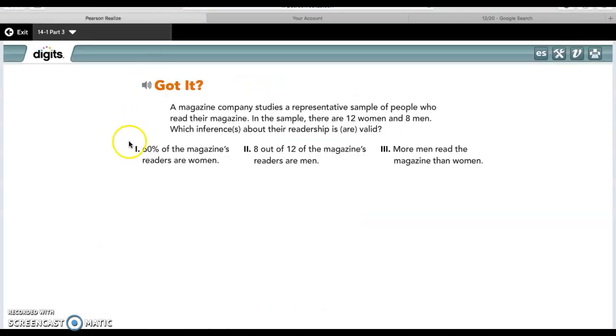So that means that the first option here, number 1, 60% of the magazine's readers are women, is our true statement. So based on that statistic from our sample, we can make the inference that 60% of our population of magazine readers are women.